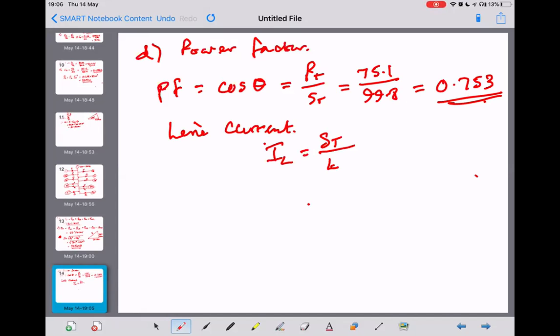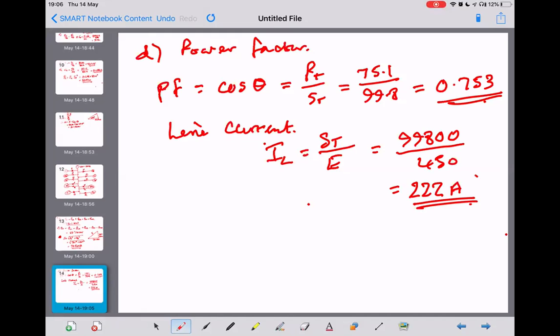So 99,800 over 450 is equal to 222 amps. I've got 222.8 actually, but that's fine anyway. You get your 2 marks for that.